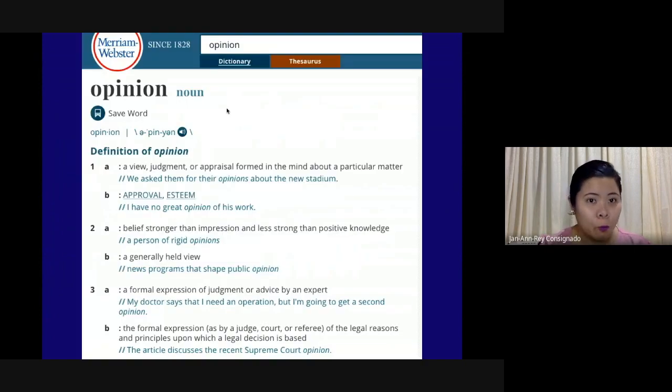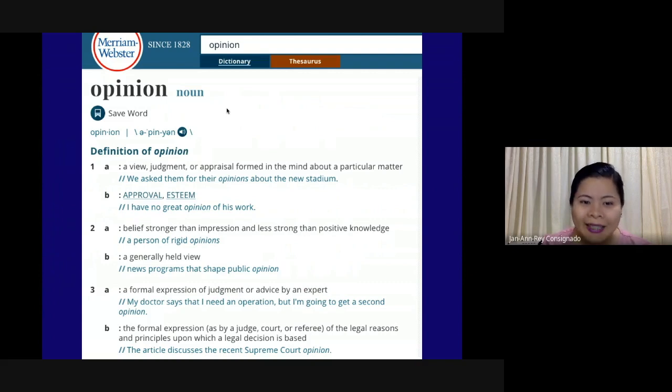According to Merriam-Webster, when we say opinion, this is a noun. It means a view, judgment, or appraisal formed in the mind about a particular matter. Another meaning, approval or esteem. Second, a belief stronger than impression and less strong than positive knowledge.